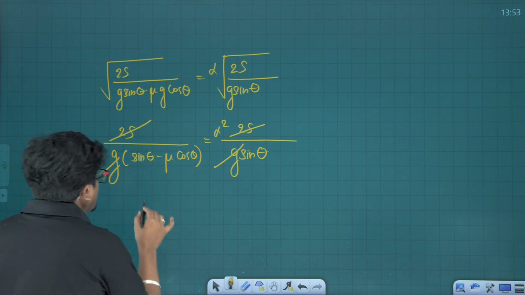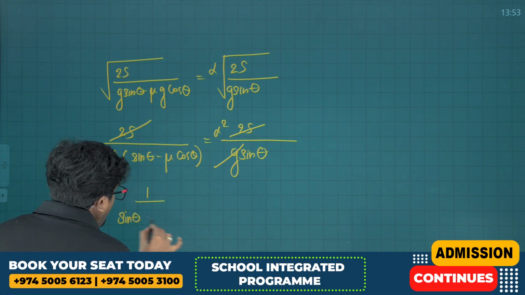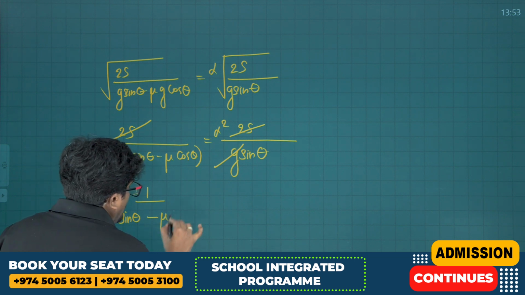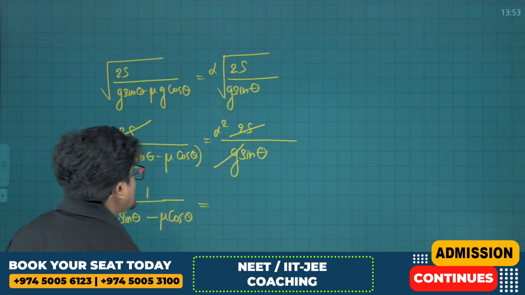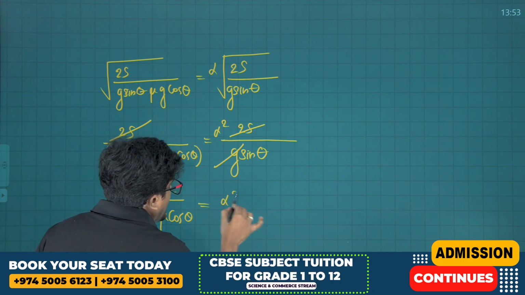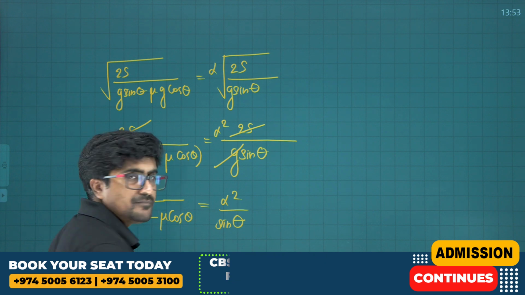Now what I have left here is 1 upon sine theta minus mu cos theta, that is equal to alpha square upon sine theta.